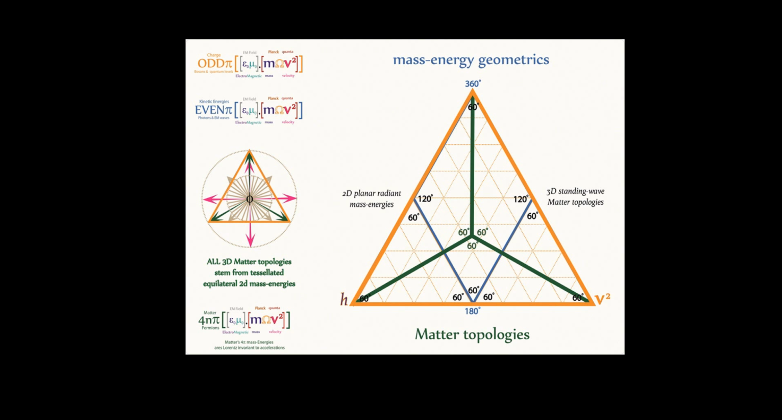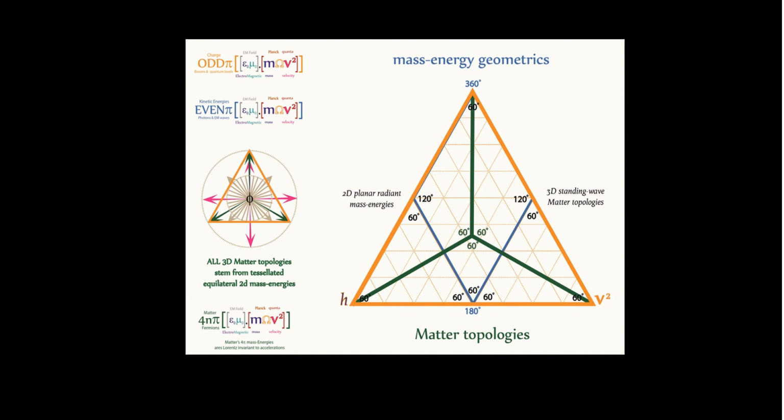The mass energy still propagates at the speed of light. But what it's doing is propagating around and around in this fixed matter topology. And that's what gives matter its substance, its form, its strength. It's this equilateral mass energy forming a tetrahedral topology.